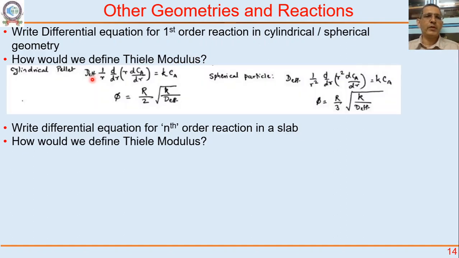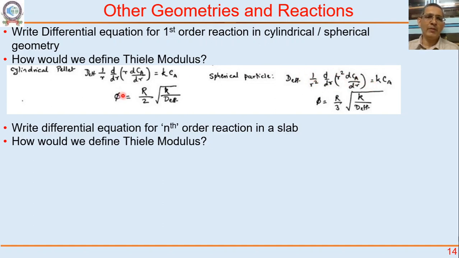Okay, so here is what you would get. Effective diffusivity times 1 by r d by dr of r dCA by dr. This is equivalent to d square CA by dx square in a Cartesian coordinate system, equal to k CA. For a spherical particle, it will be effective diffusivity times 1 by r square d by dr of r square dCA by dr, equivalent to d square CA by dx square for a Cartesian coordinate system, equal to k CA.